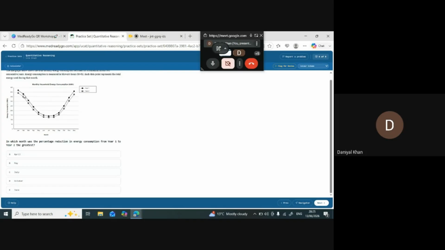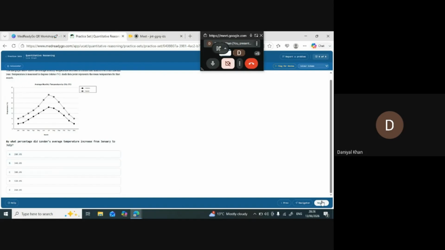Which ones do you think it is? I think it might actually be there. Yeah, I'm just going to put October. No, I'll just put May. Actually, April. Yeah, April has quite a big gap.